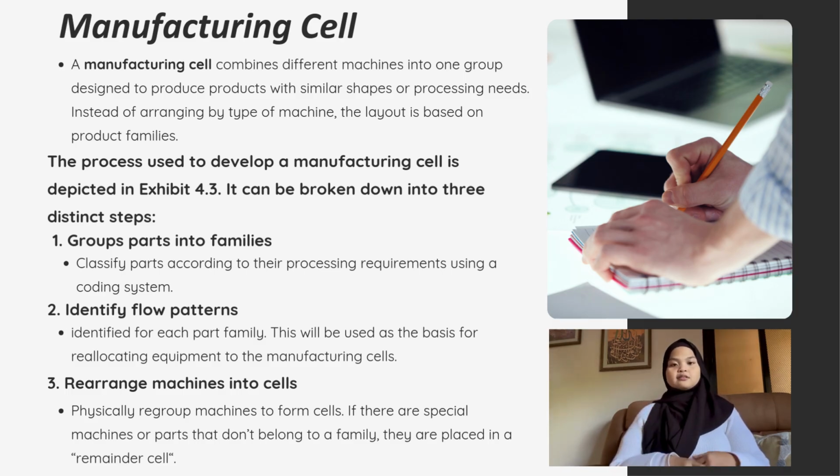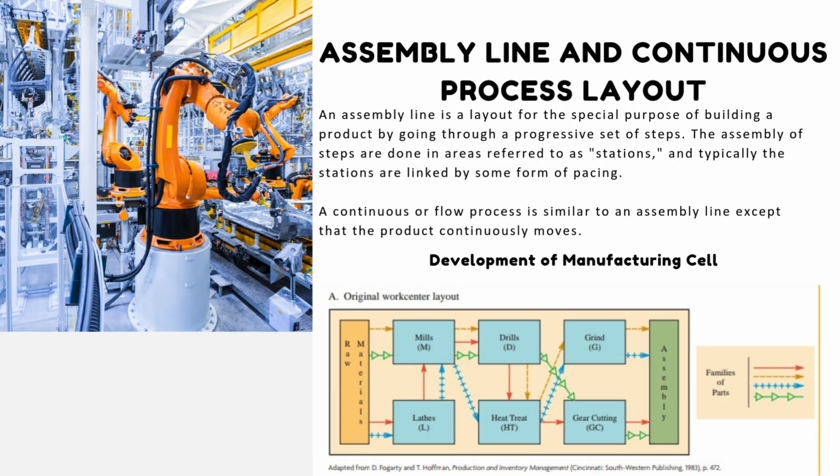Third step is to rearrange machines into cells. Physically regroup machines to form cells. If there are special machines or parts that don't belong to a family, they are placed in the remainder cell. So, ginagamit ito sa industries like metal fabrication, computer chip manufacturing, and assembly work.